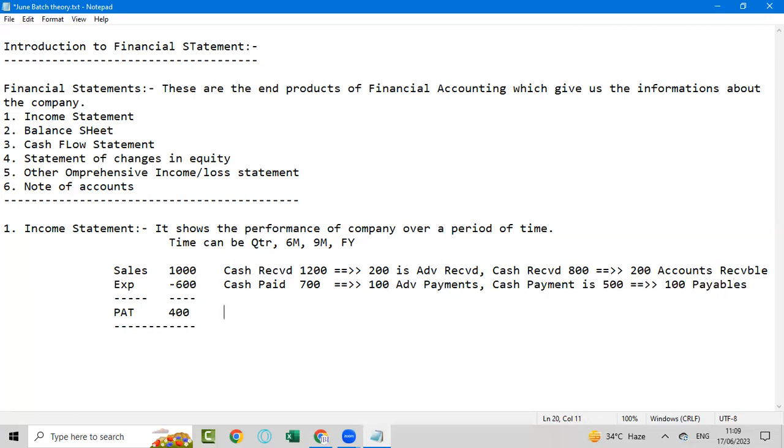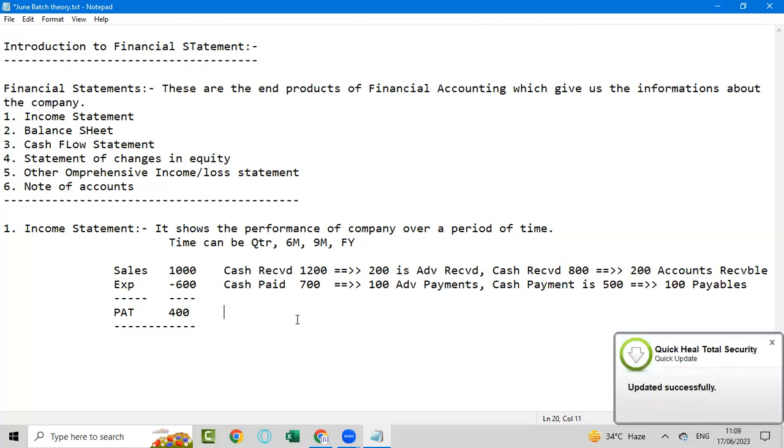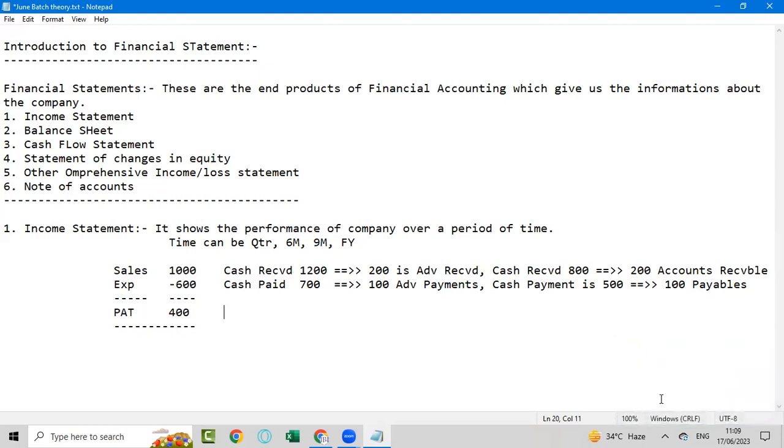Income statement shows the profit and loss. It does not show the cash inflows and outflows. It shows sales and expenses, and profit, which is not necessarily the cash. Okay. Give me 15 minutes more and then you will understand what do we mean by this.